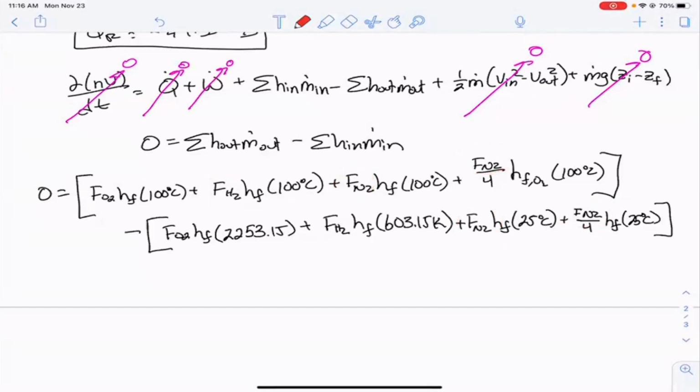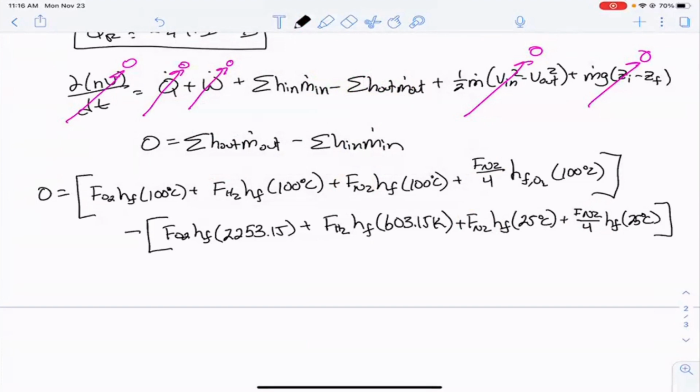So what we have to do is put this thing in Excel and just have GoalSeek manipulate the flow rate of nitrogen until we satisfy the energy balance, right? Or where Q is equal to 0.